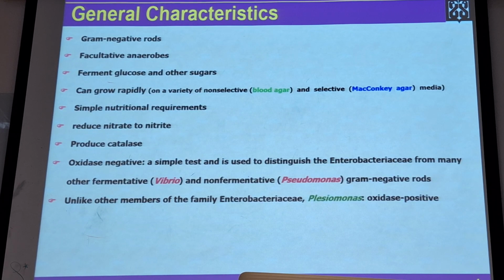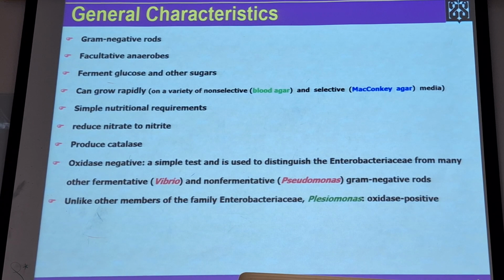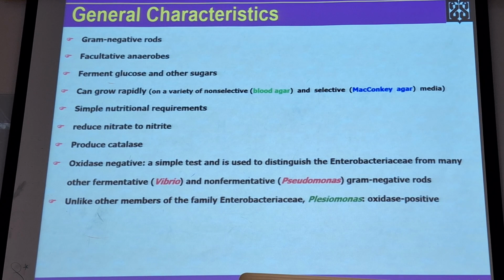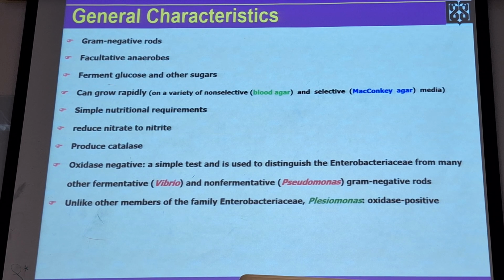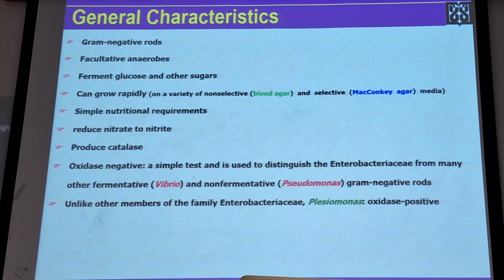The common features: they are gram-negative rods, they are facultative anaerobic bacteria, they ferment glucose and other sugars, and they can grow rapidly on non-selective and selective media such as blood agar, nutrient agar, and MacConkey. Enterobacteriaceae have simple nutritional requirements.